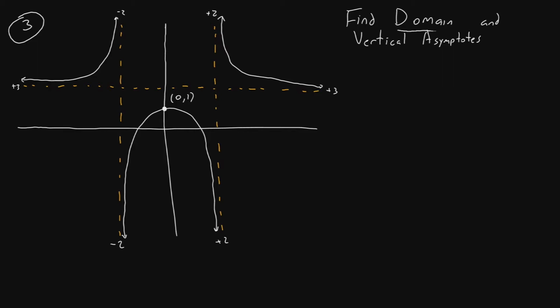To find the domain, let's look to the x values. And let's draw a picture of a number line with negative infinity on the left, positive infinity on the right, and we'll put a marker for 0 in the middle. Now the vertical asymptotes will interrupt the domain.